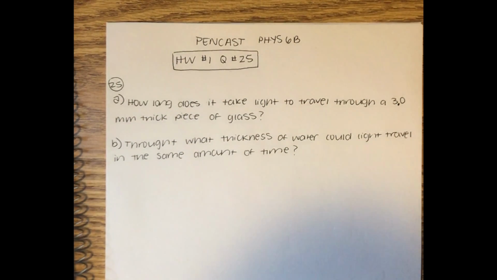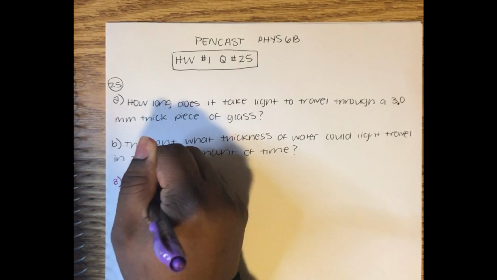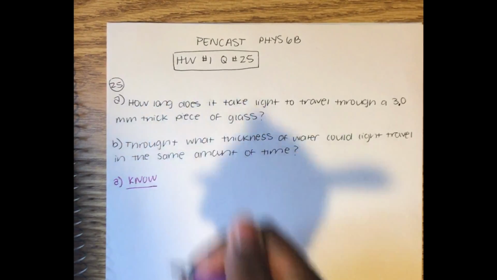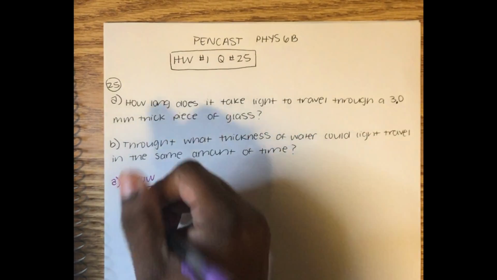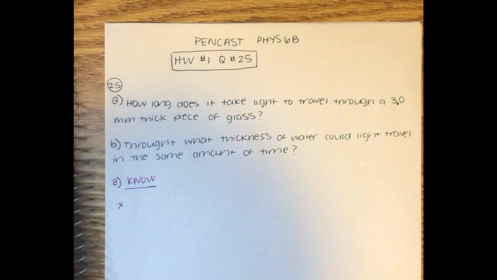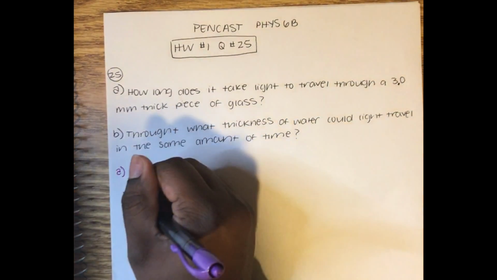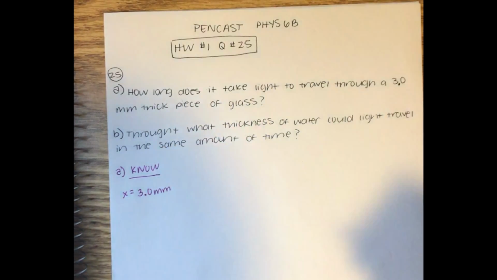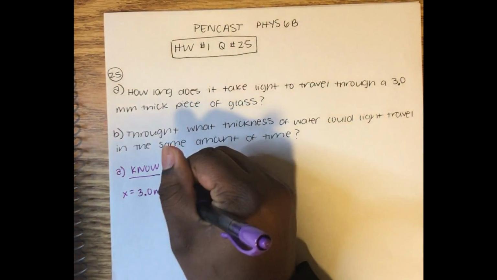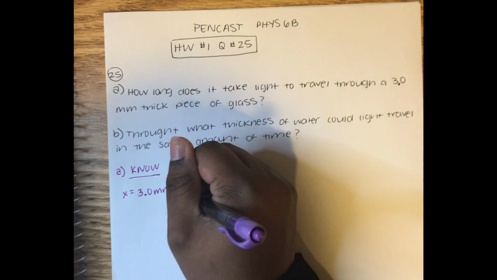Now, first to start this question, we should write down what we know. We know that the distance we want light to travel is 3 millimeters, and we'll represent that distance as x. Now we should convert this to meters to make it easier later on down the road.